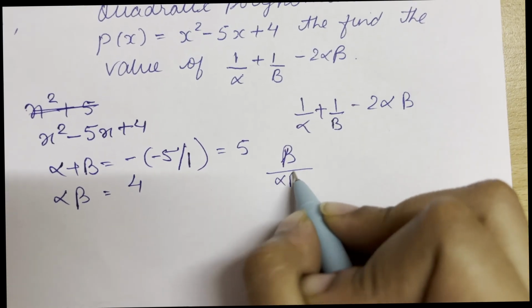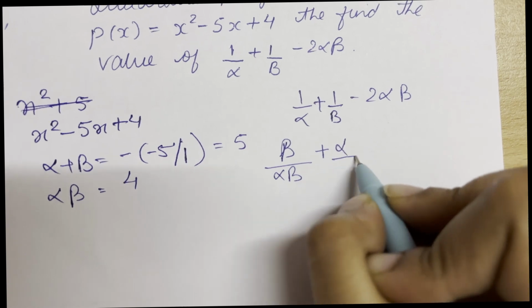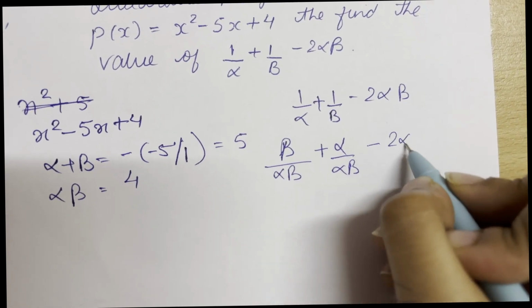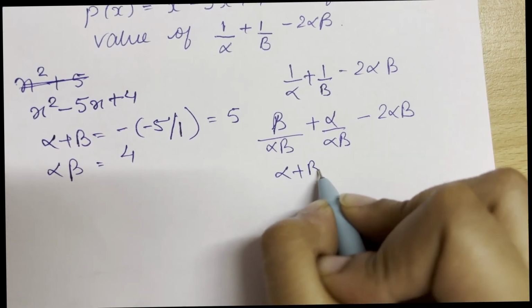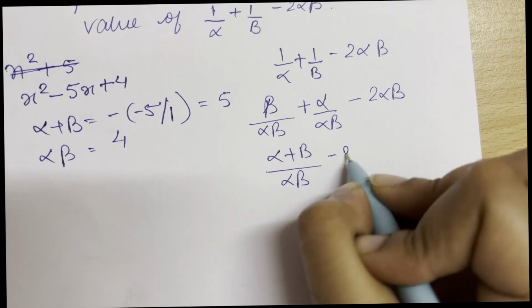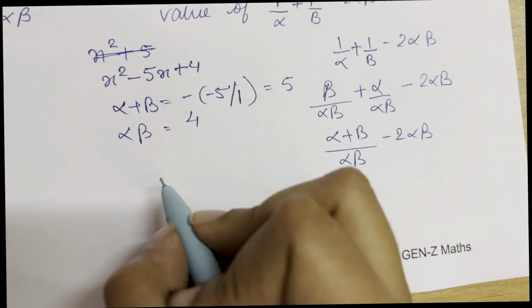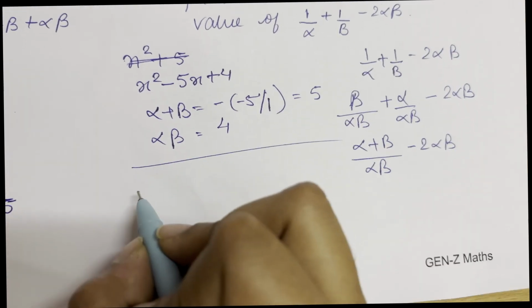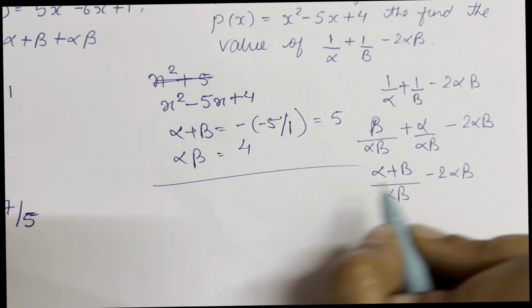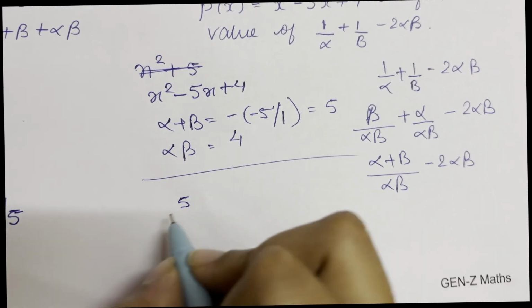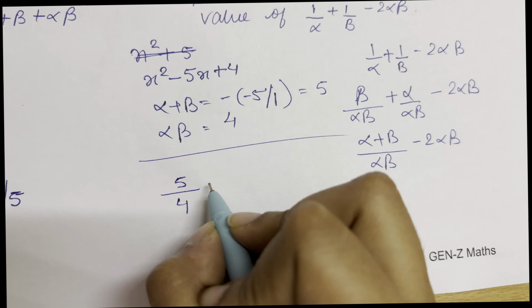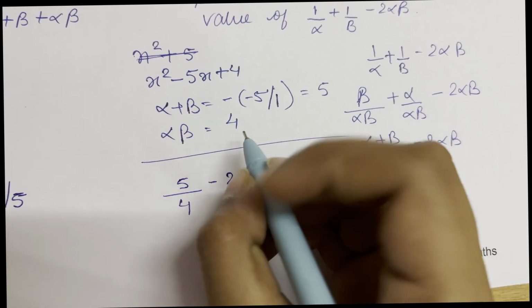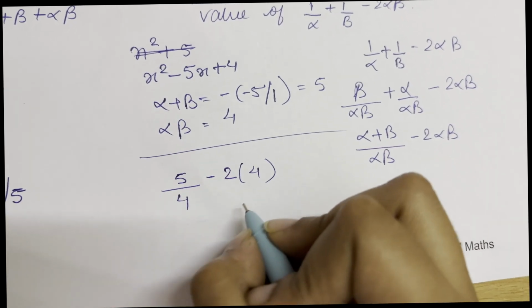Beta upon alpha beta plus alpha upon alpha beta minus 2 alpha beta. It will become alpha plus beta upon alpha beta minus 2 alpha beta. I'm putting the values on the side. So alpha plus beta is 5, and alpha beta is 4, minus 2 alpha beta is again 4.